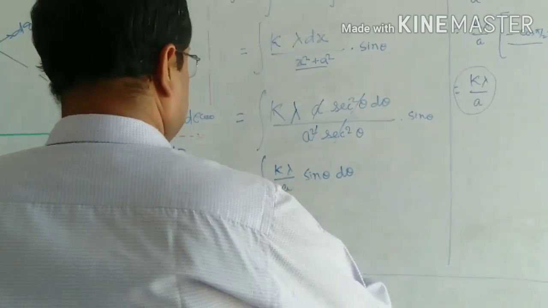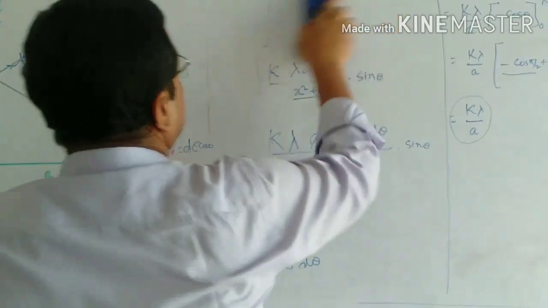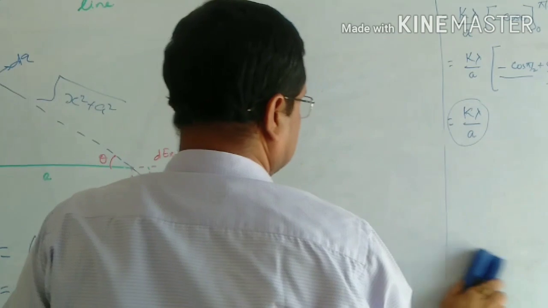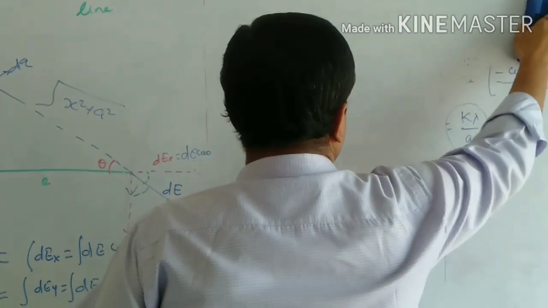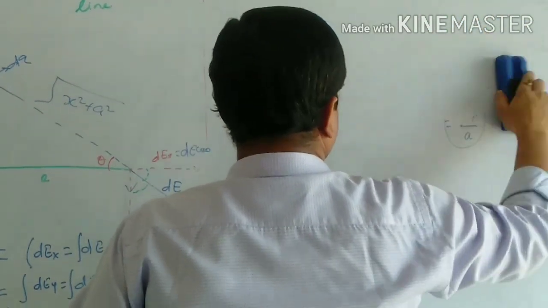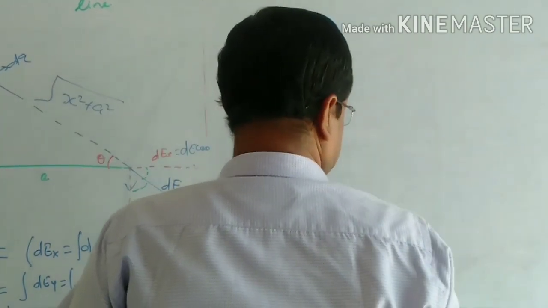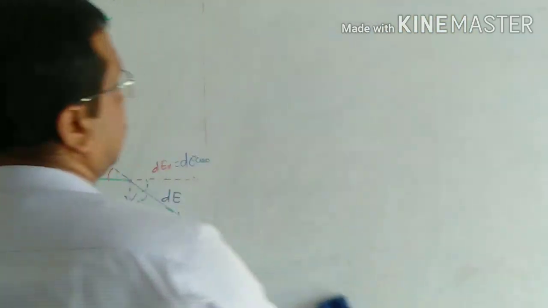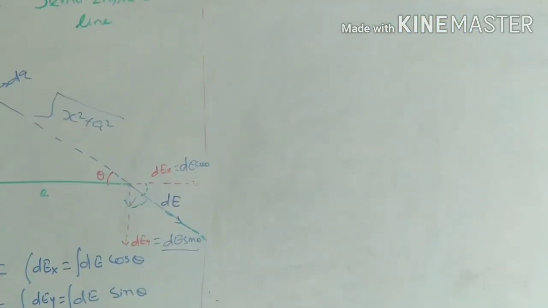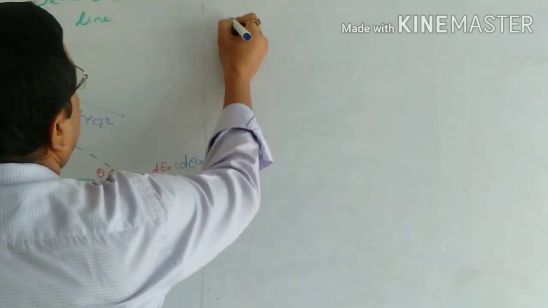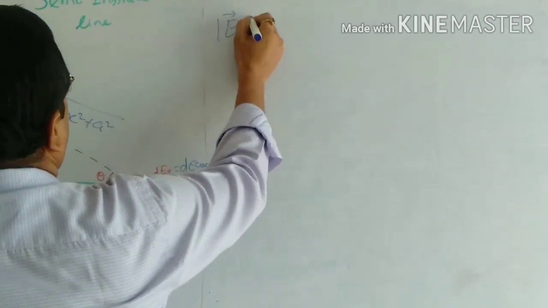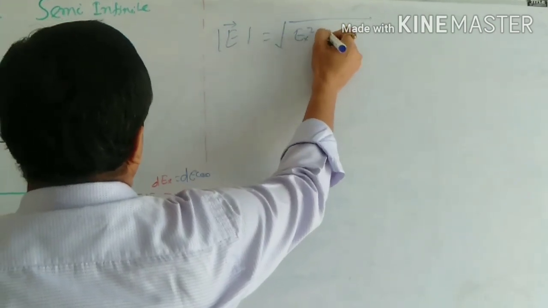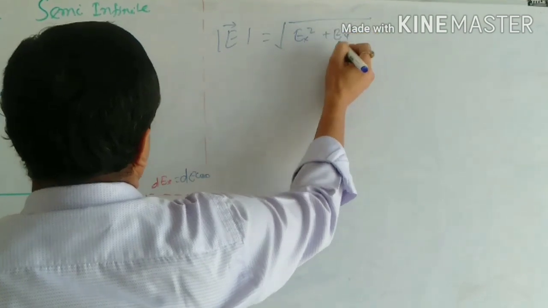So the magnitude of E will be the square root of Ex square plus Ey square.